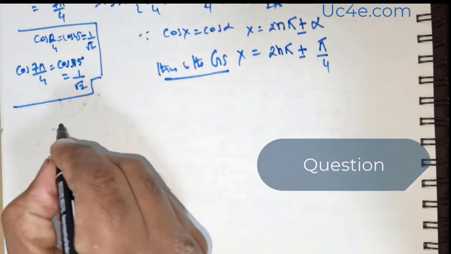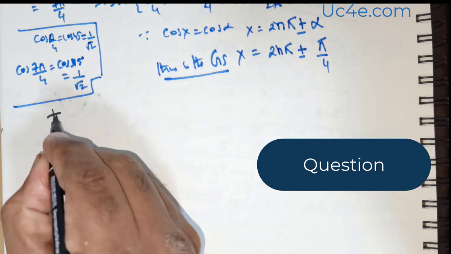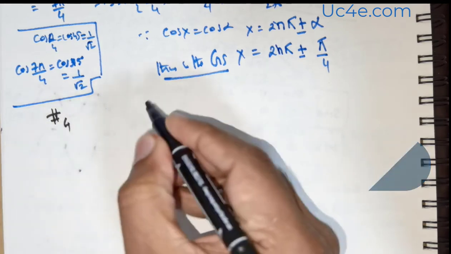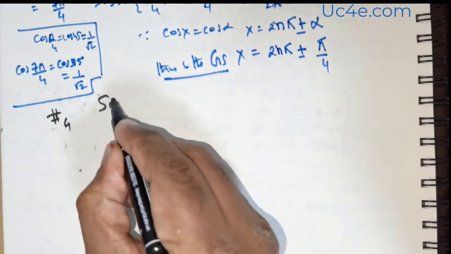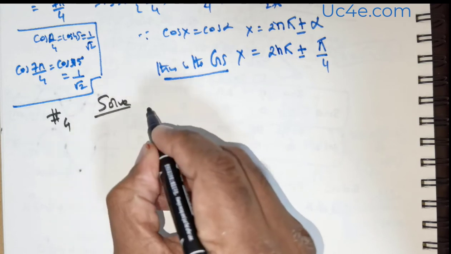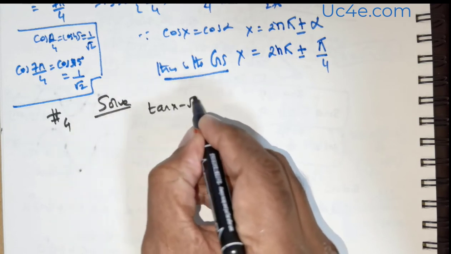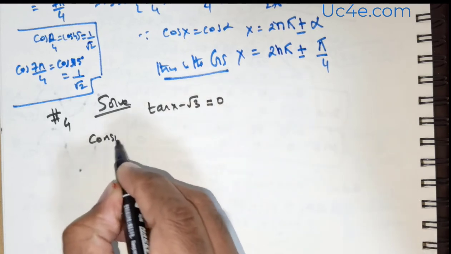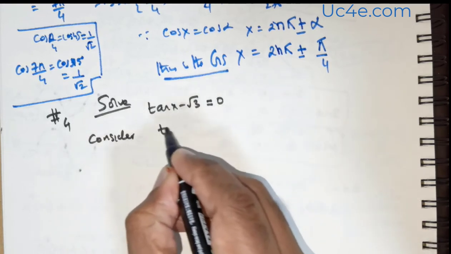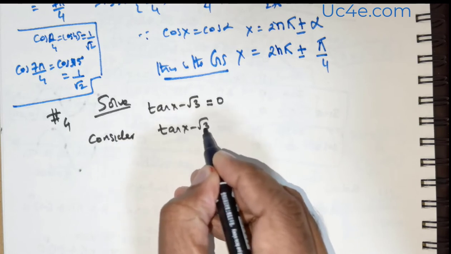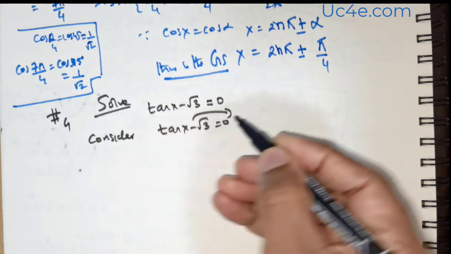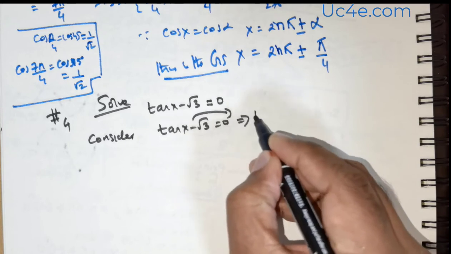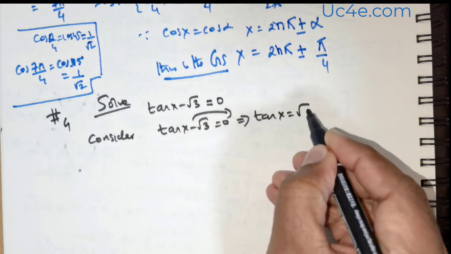Now students, let's do the next question. Question number 4. We are expected to solve this question given that tan x negative root of 3 is equal to 0. Let me just start off by considering the given question. Consider tan x negative root 3 is equal to 0. If I were to move this root 3 to the other side, this would give me tan x is equal to root of 3.